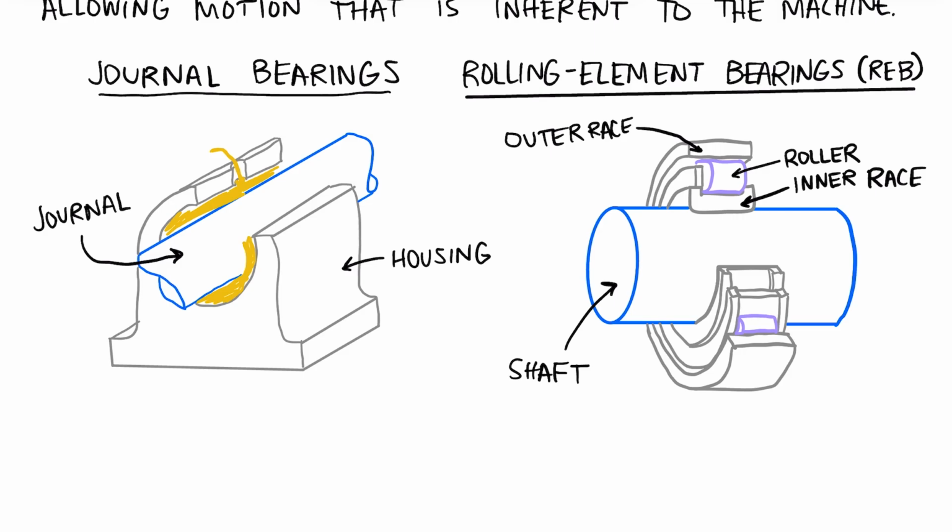And the rollers are held in place and kept separated by this component here, which is sometimes referred to as the separator. It may also be referred to as the cage.